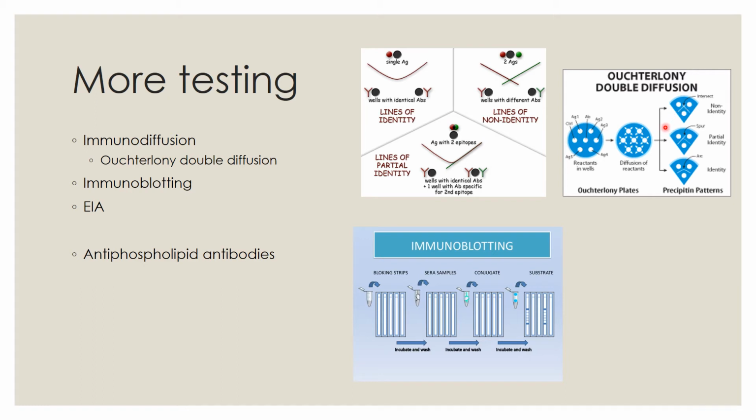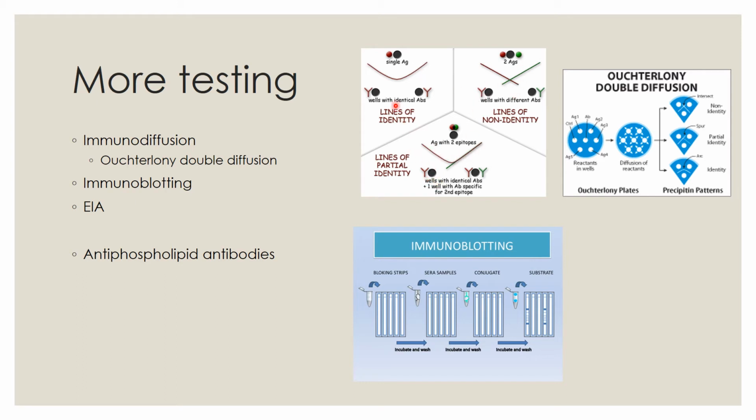And there are patterns that are associated with either identity or non-identity. And they're shown here. You have what are called an intersect, a spur, or an arc. Okay, and you can see them here. And this is just a blow up of what these three little pie things here look like. So you have, again, an arc, an intersect, and a spur.